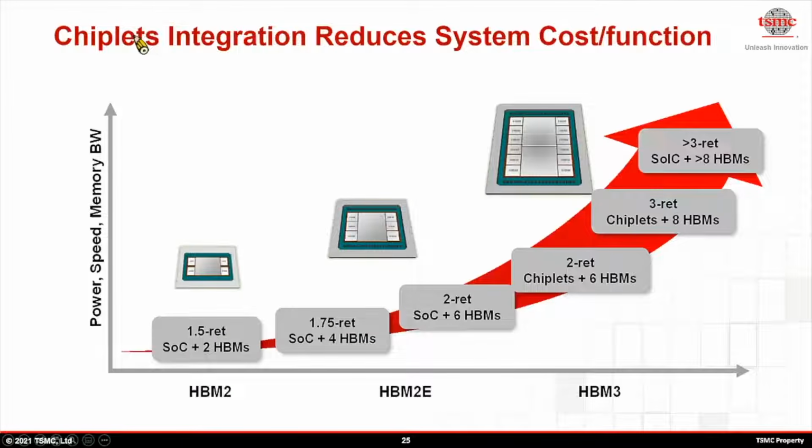Along the years, we see larger number of HBMs of newer versions from multiple suppliers requested by customers to drive HPC system power, speed, and memory bandwidth. This poses challenges. With industry longest R&D and manufacturing experiences, we prove that we can continue to make it happen.